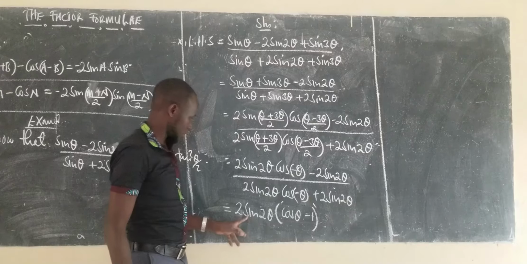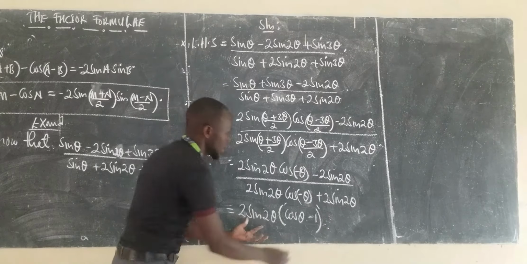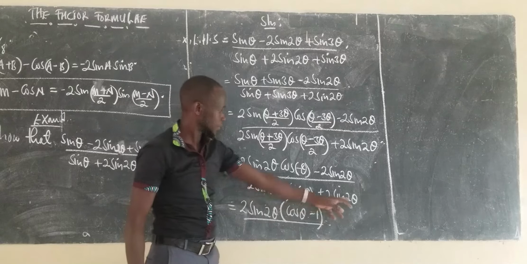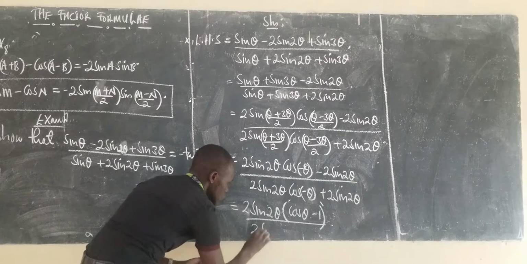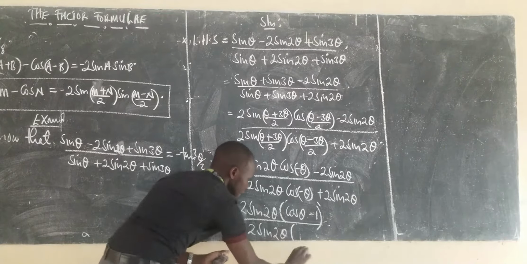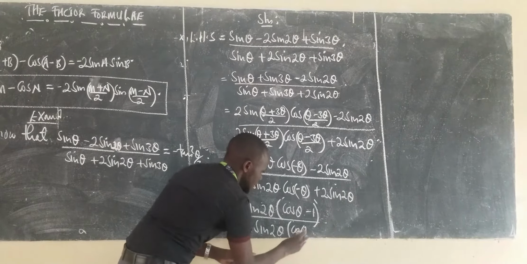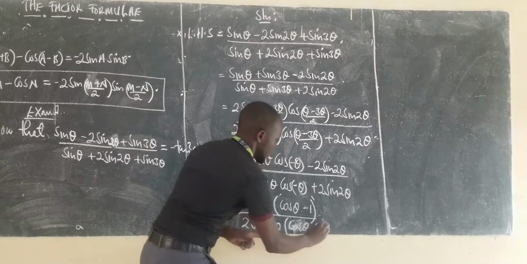Now that sine 2 theta and the 2 have been moved out, remaining with 2 sine 2 theta divided by, do the same down. We have 2 sine 2 theta and there is 2 sine 2 theta as well. So we have 2 sine 2 theta into, now you have cos of theta plus 1.